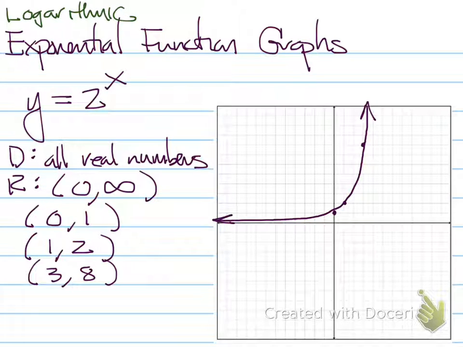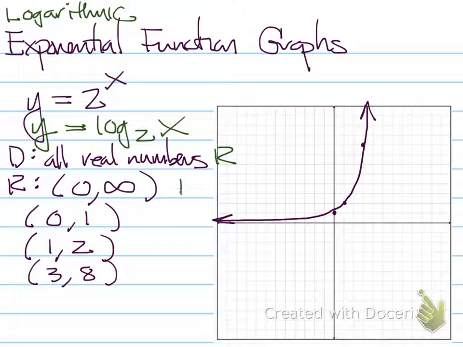Now if we take a look at a logarithmic function, which again is an inverse, we have y equals the log base 2 of x. As is the case in all inverses, what is the domain for one function is the range for the inverse, and what's the range for one function is the domain for its inverse.